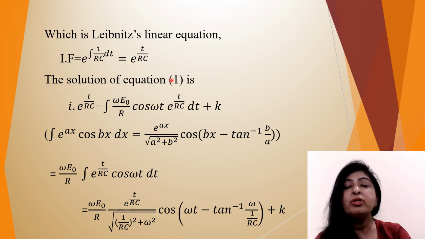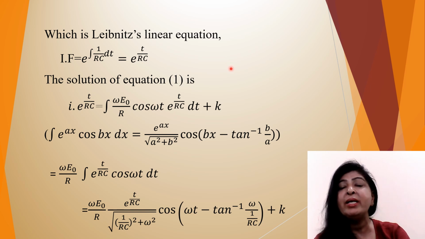Now the solution is given by y into integrating factor is equal to integral of Q into integrating factor dt plus c. If you have the equation dy by dx plus P y is equal to Q, if it is of the form, then its solution is given by this, which we have already discussed.